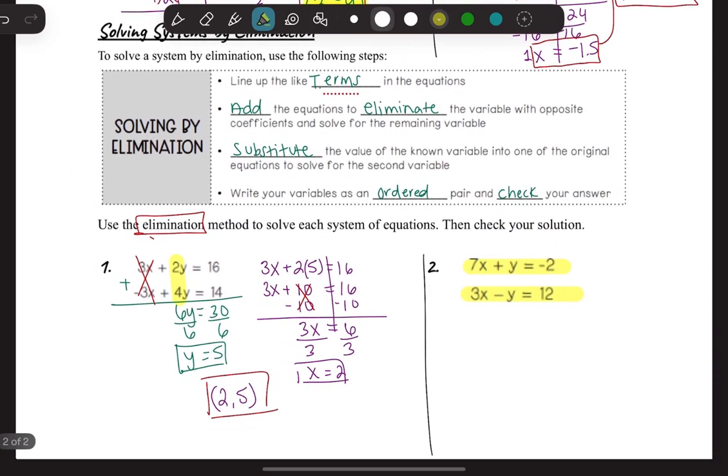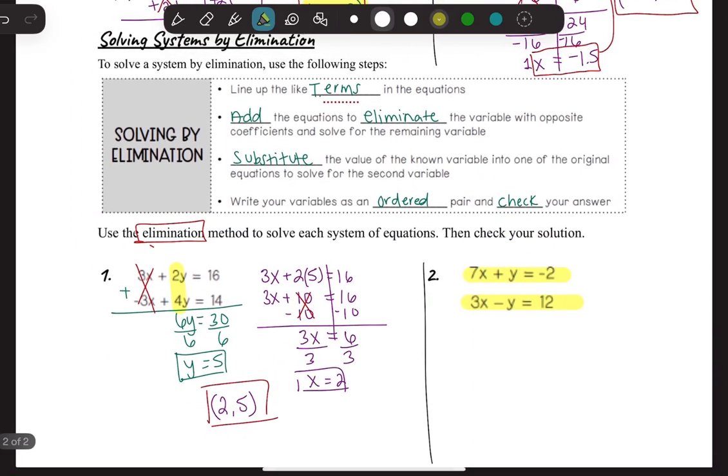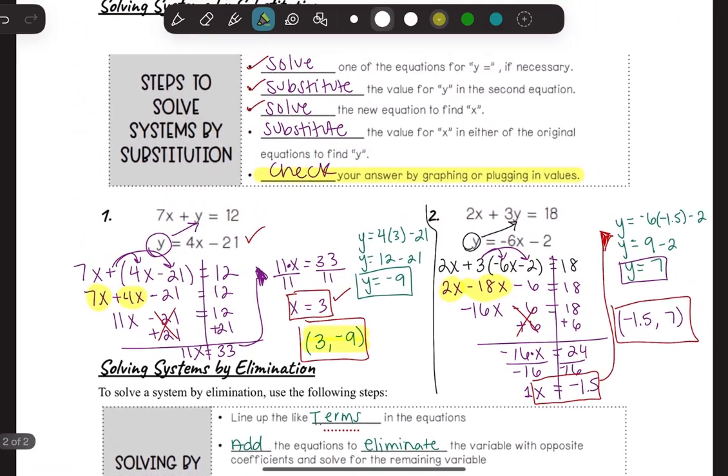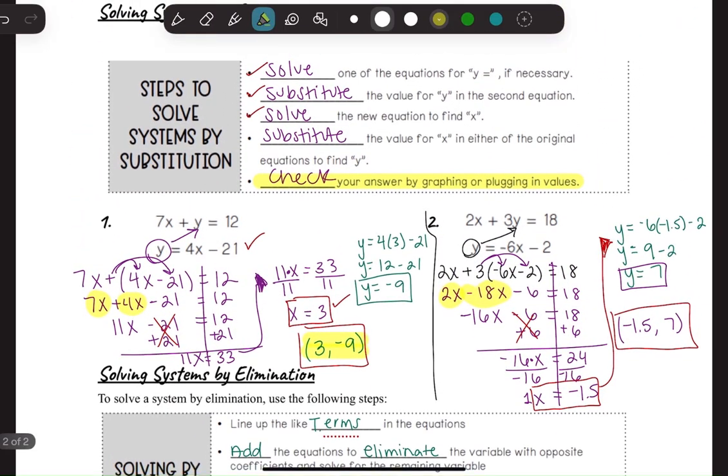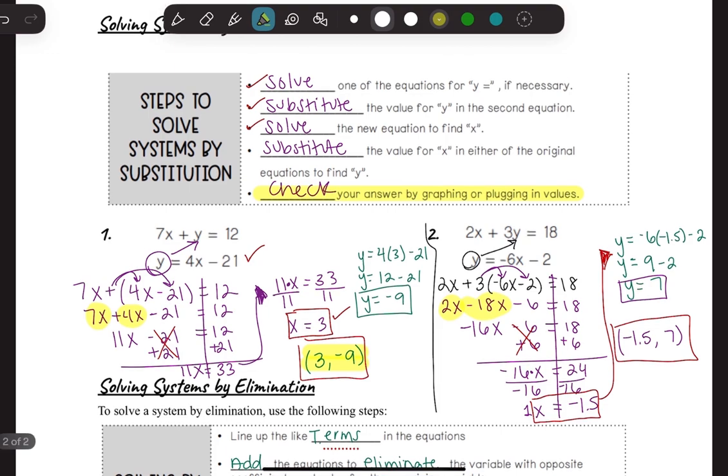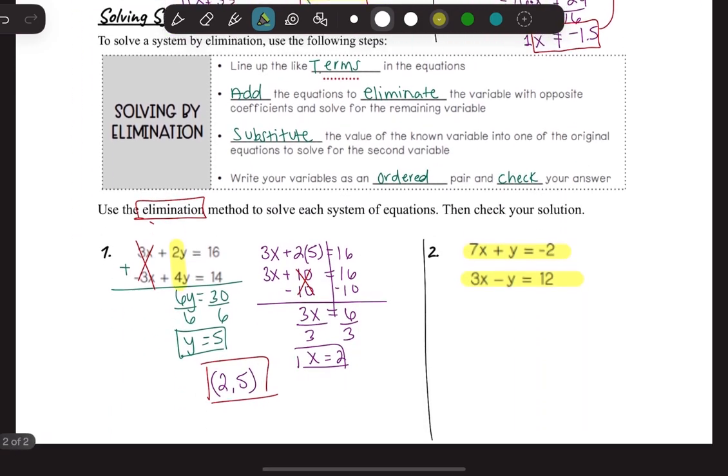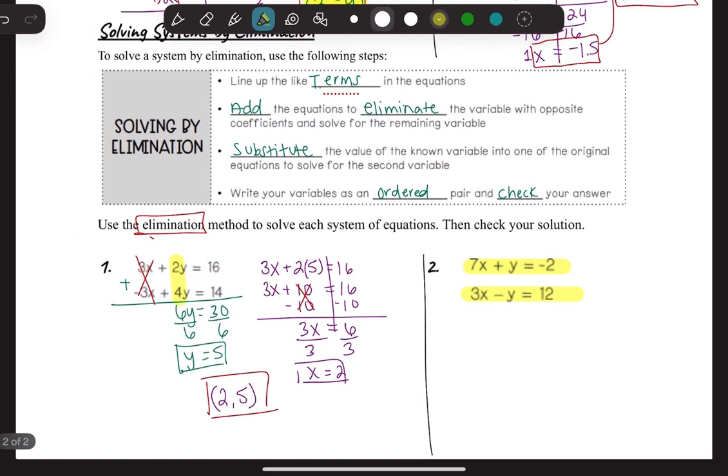But for elimination, both are in standard form. So if you happen to solve by hand, if you see both of the equations in standard form, you should use elimination. But if you see one of the equations in slope-intercept form and one in standard form, then you should solve by substitution. Or you can solve by graphing and go the easy way.